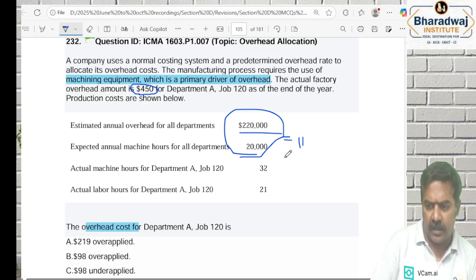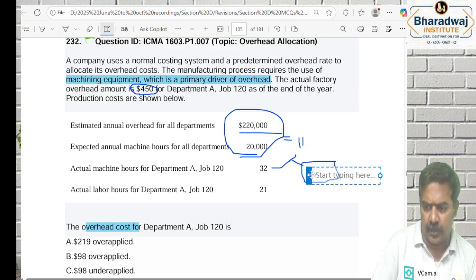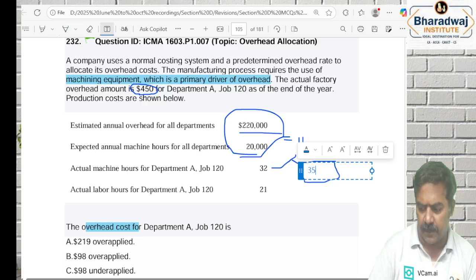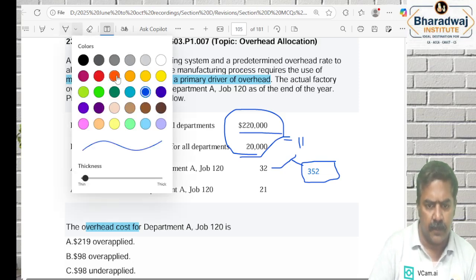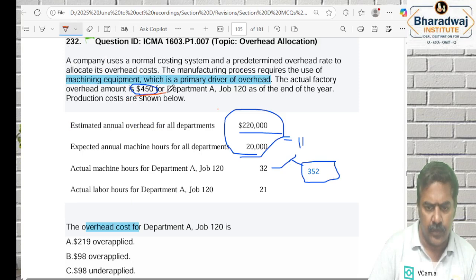11 into the machine hours worked. 32 into 11 is 352, the applied overheads. Applied overheads are 352. Actual overheads 450.